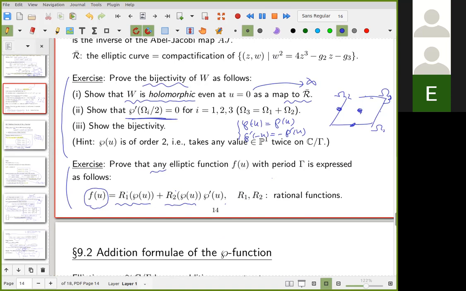Which might be very complicated, but still there exists some non-trivial relation between f(u), f(u1), f(u2), and f of u1 plus u2.